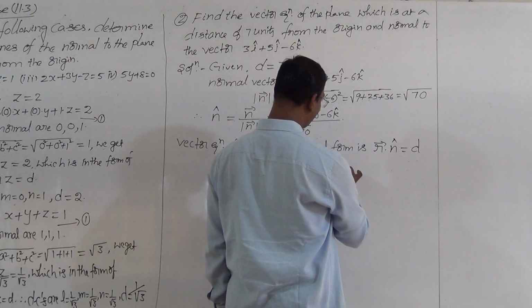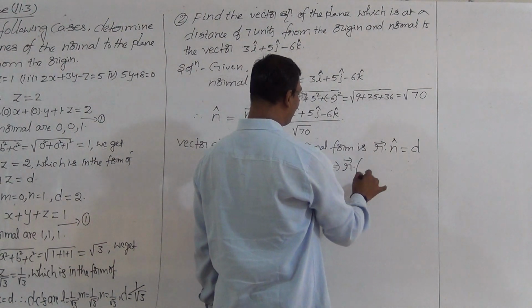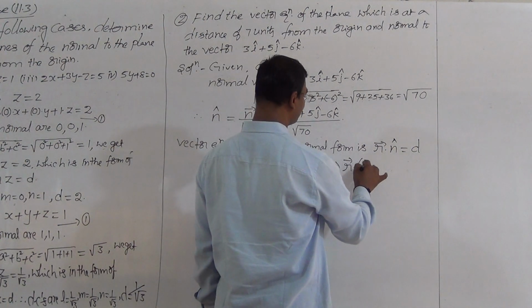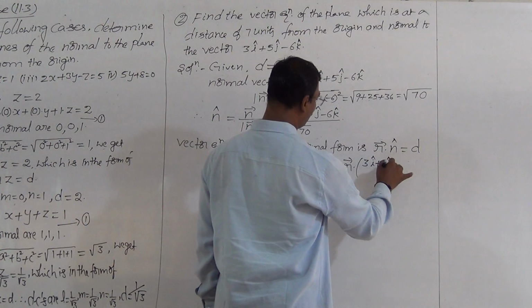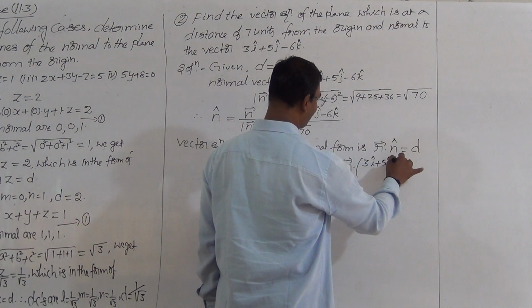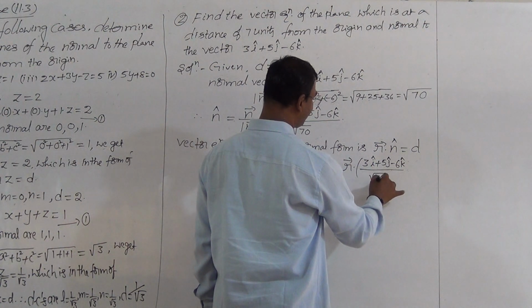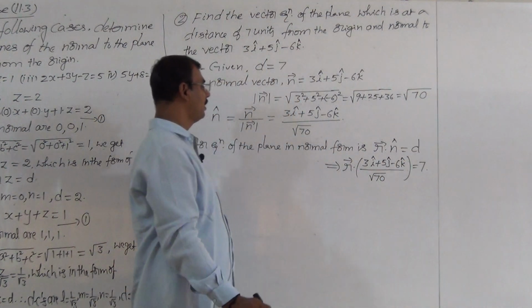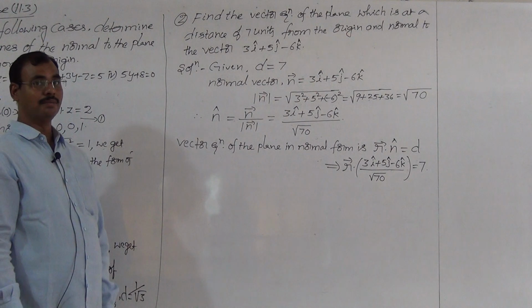This implies r bar dot n cap, as we got it, 3i plus 5j minus 6k upon square root of 70 is equal to 7. This is the equation of a plane in the normal form.